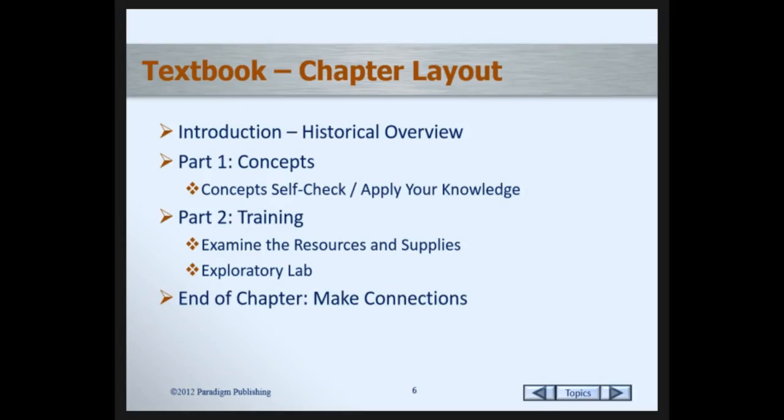At the end of the chapter, as I stated before, there will be a chapter summary. It's part 3, known as assessment in the chapter. It's the chapter summary, key terms, and then the make connections.